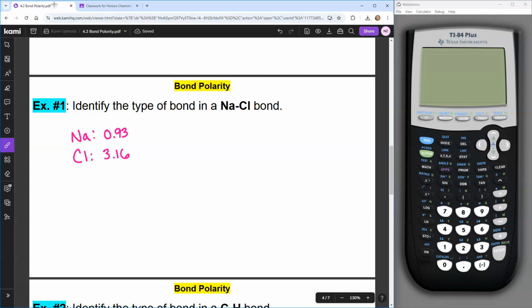We always want to take the difference between these numbers. So we always want to subtract the smaller number from the big number. So I'm going to do 3.16 minus 0.93. So I'm going to bust out my handy dandy calculator, and 3.16 minus 0.93, and I get 2.23.